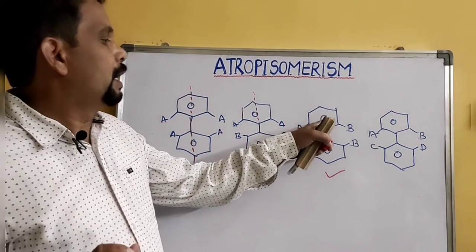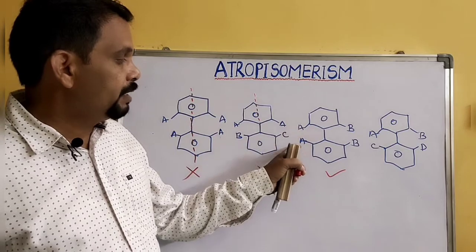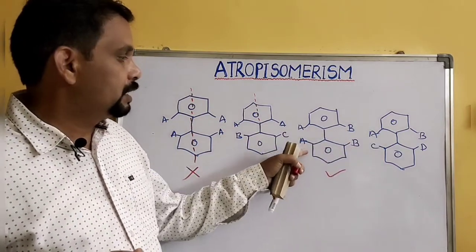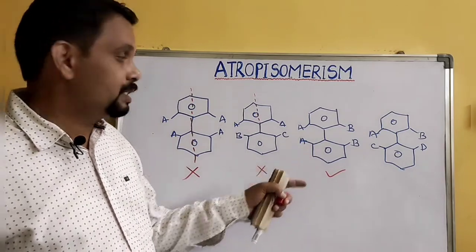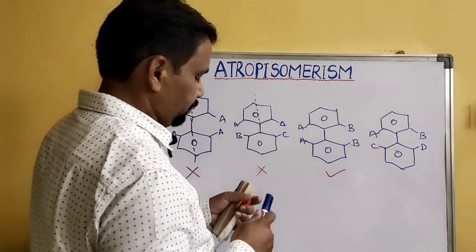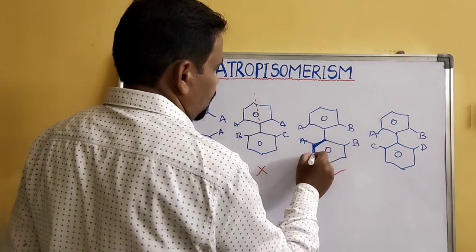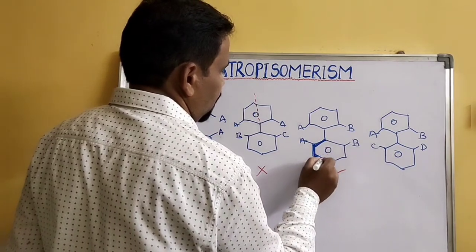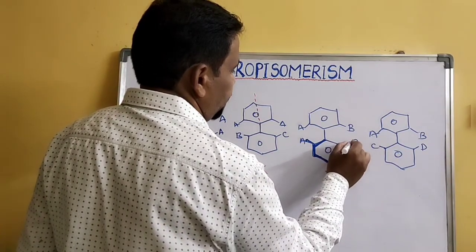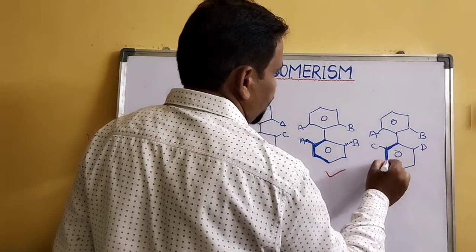But the upper ring and below ring may have the same kind of substitutions, no problem, because they are bulky groups and one of the rings is out of plane.